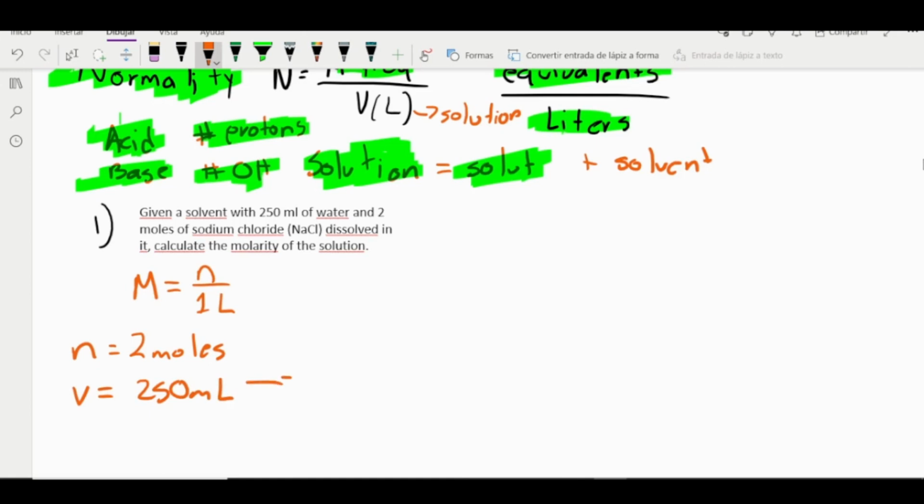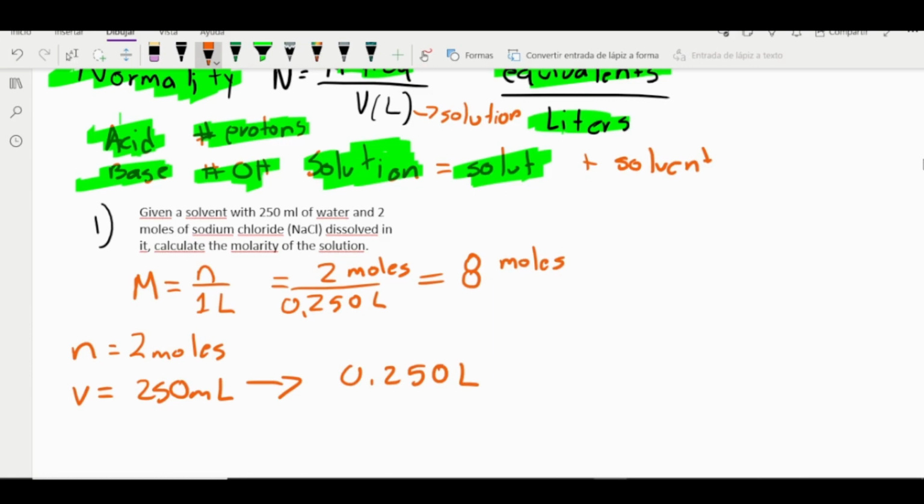But we need to transform this into liters, so it's going to be 0.250 liters. The only thing that we need to do is apply the formula. It's going to be 2 moles divided by 0.250 liters. And the answer is going to be 8 moles per liter.